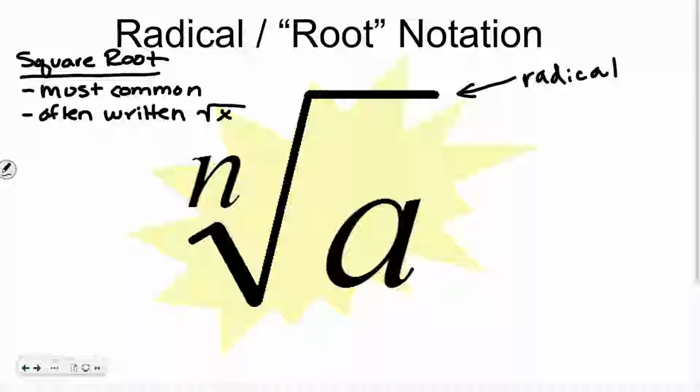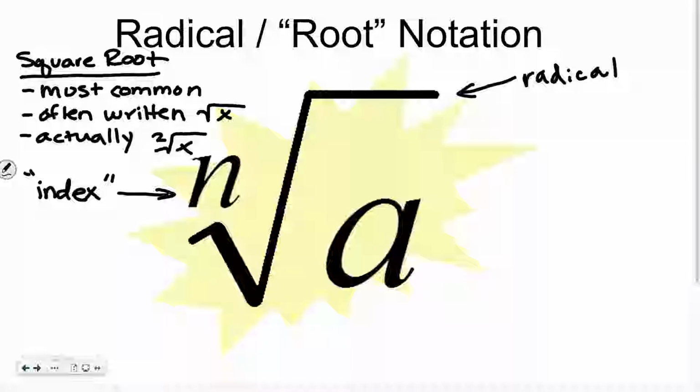It actually has a number out here. You see on my notation I have this n. This is called an index. It's the index of the radical, and it tells you which root you're actually trying to find. So the square root is actually something that looks like that.